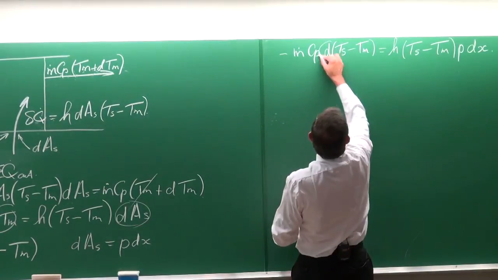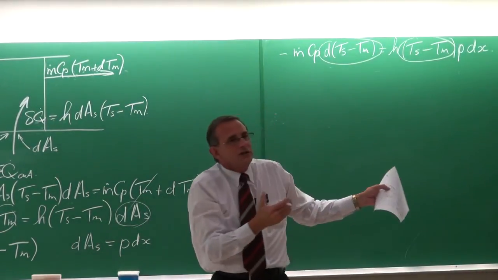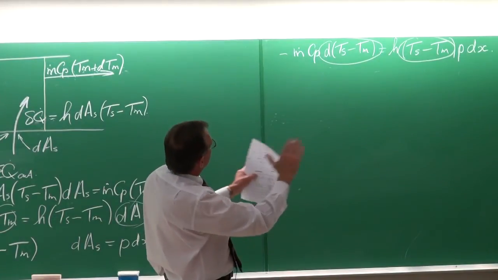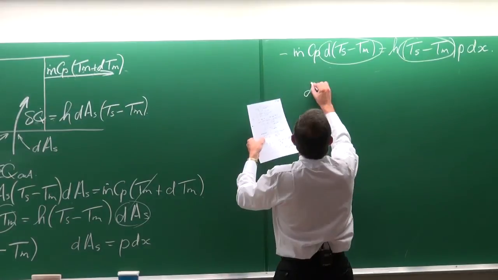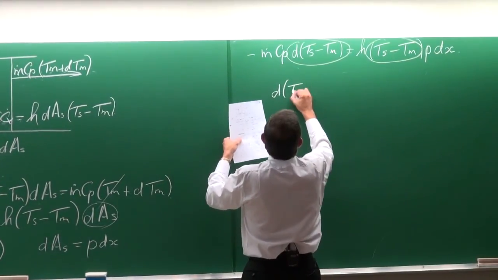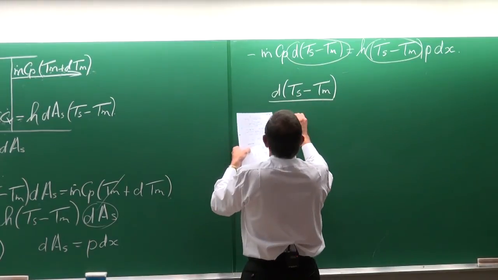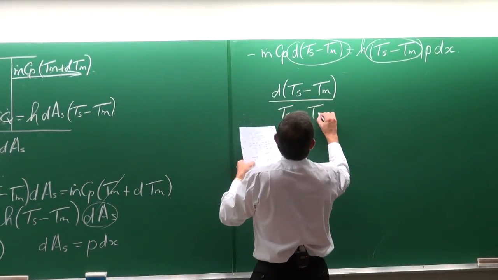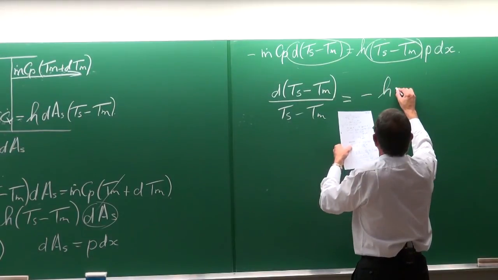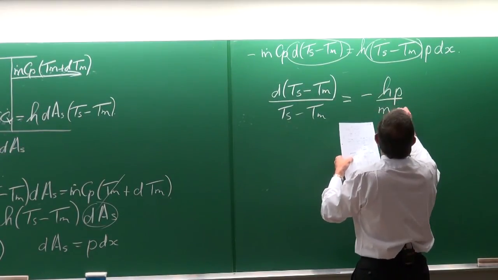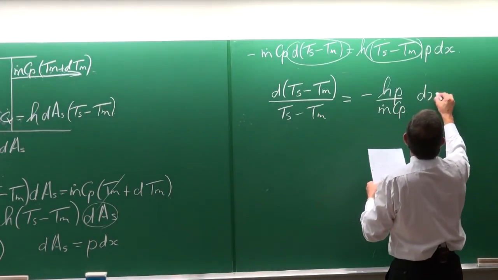Right, now this term and that one we need to put together, and then we can put everything else on the right hand side. If we do that, we end up with d(Ts minus Tm) divided by (Ts minus Tm) is equal to minus the heat transfer coefficient times P divided by the mass flow rate times Cp, dx.